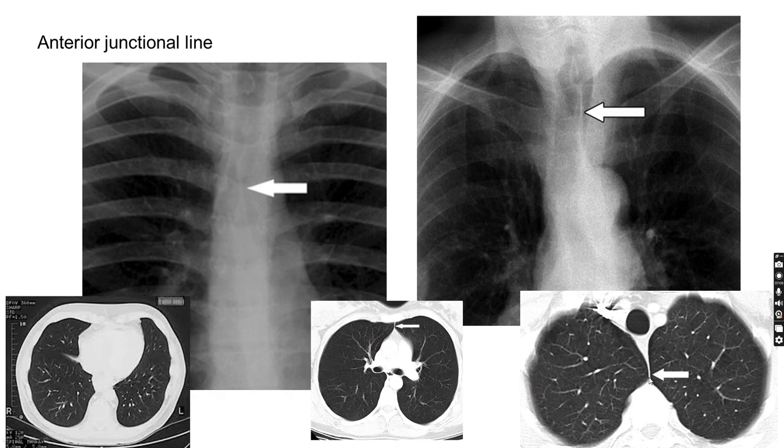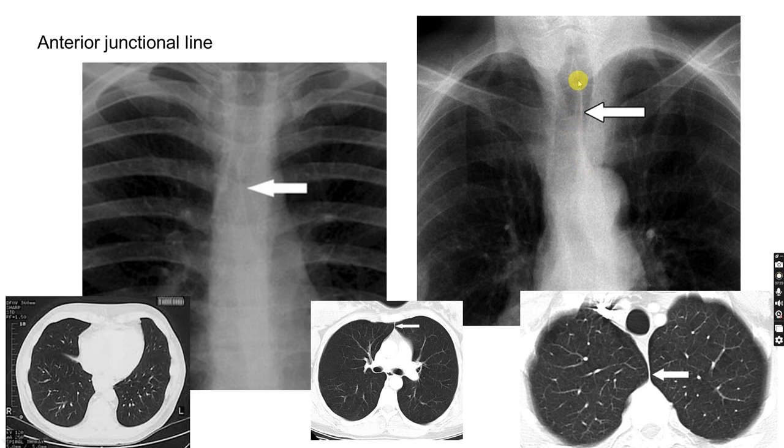Then posterior junctional line will be superior, above the clavicle in the midline, but it will end when the aorta starts coming in the picture on the CT. So here you can see the aorta is here, but the two lungs are not joining each other posteriorly. So that's why the posterior junctional line is seen up to the aorta only.